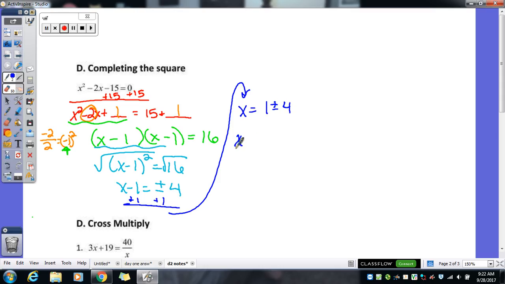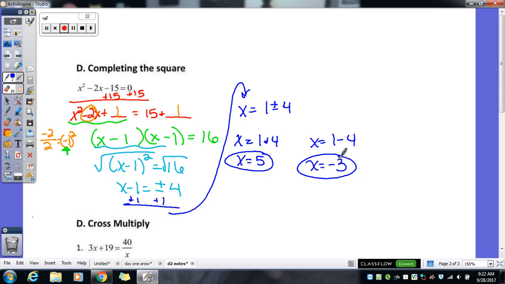So for our two answers, 1 plus 4 would give us a 5. And then 1 minus 4 would give us a negative 3. So 5 and negative 3 are our two answers for that one.